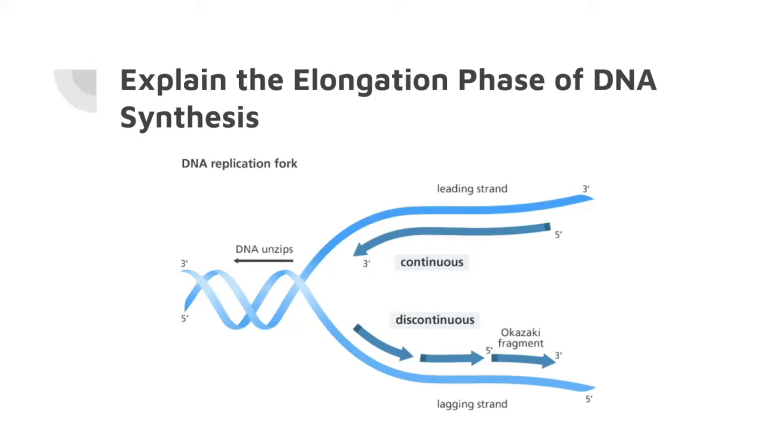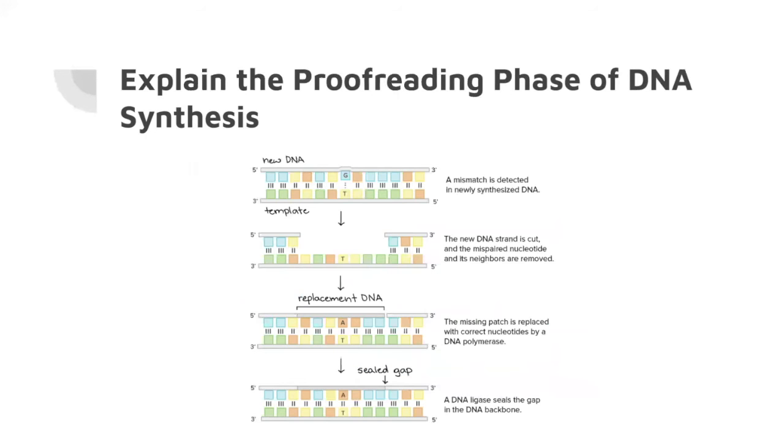Now can someone explain the proofreading phase? DNA polymerase enzymes play an important role of proofreading and correcting errors as they assemble new DNA strands. These errors are usually base pair mismatches that inhibit hydrogen bonds from forming, and these mismatched base pairs are lumpy instead of a smooth double helix.